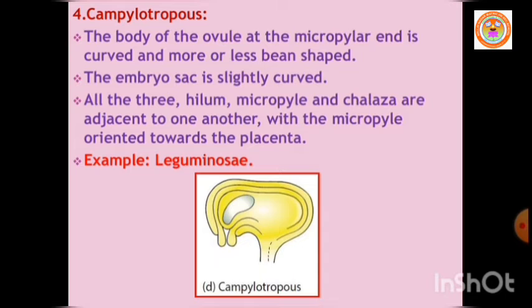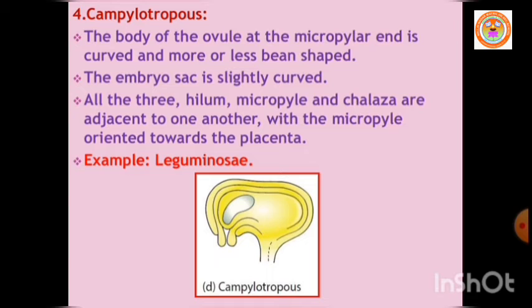In this type of ovule, where the embryo sac is slightly curved, the three important structures such as hilum, micropyle and chalaza are adjacent to one another. Adjacent means nearby.